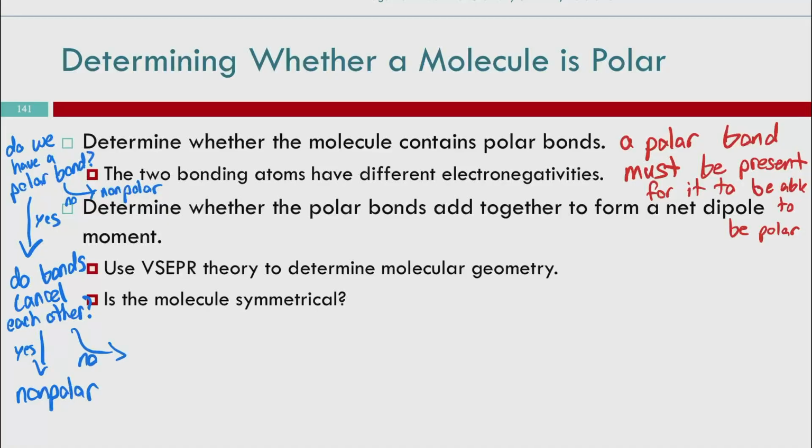If they don't cancel each other out, then it's polar. And the question about whether they cancel each other out requires us to use valence shell electron pair repulsion theory. There is a fun, I think it's fun, method for figuring out whether they're polar or nonpolar.